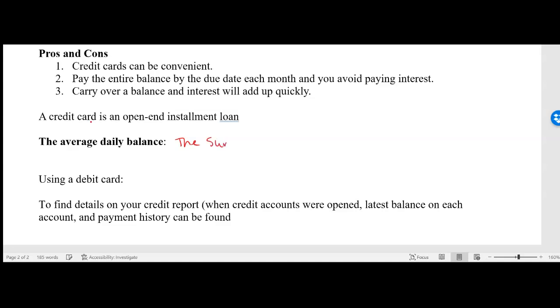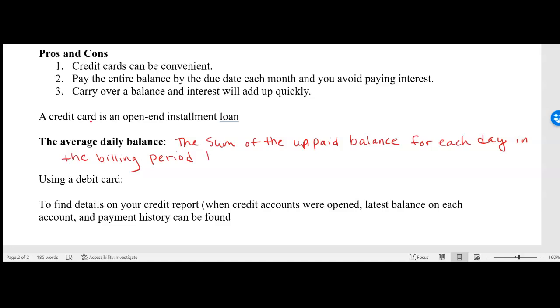The average daily balance is the sum of the unpaid balance for each day in the billing period divided by the number of days in the billing period.